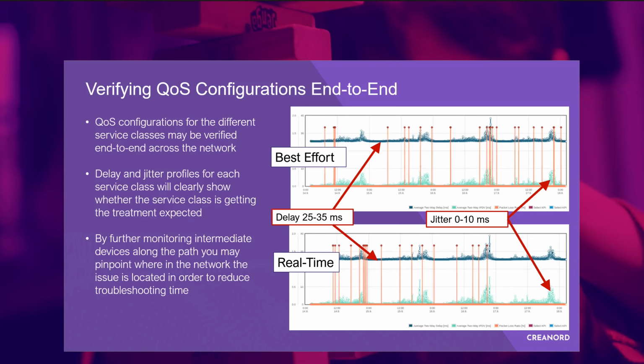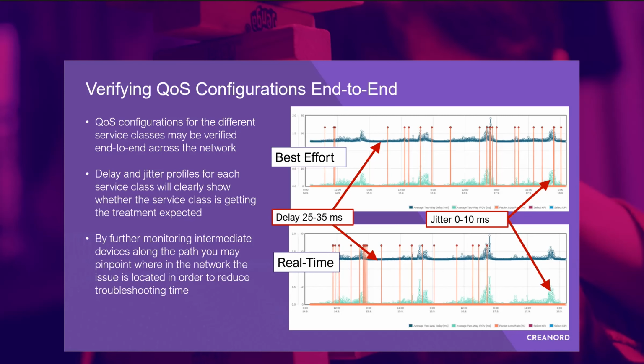Also, the small orange spikes there are the packet losses, and they are also very, very similar. This clearly shows that there is something wrong with the QoS configurations. We should see a much better profile for the real-time traffic than the best effort. So this is a very easy and nice way to verify the configurations, and you can also then troubleshoot where in the network those misconfigurations are, so that you can find the root cause.